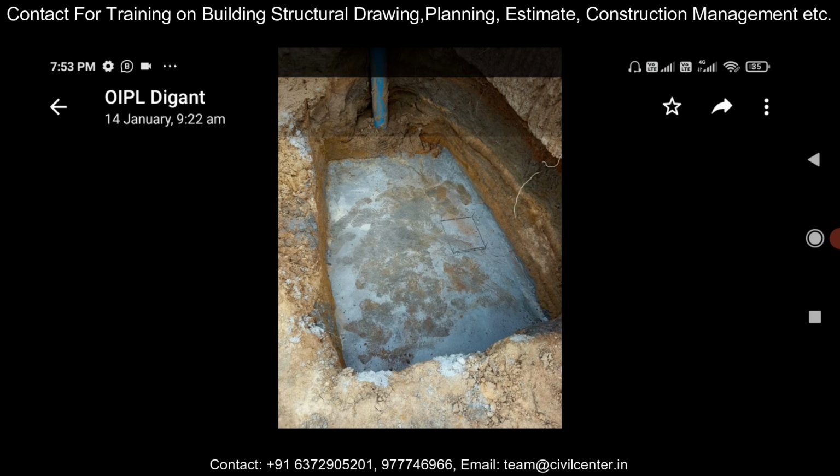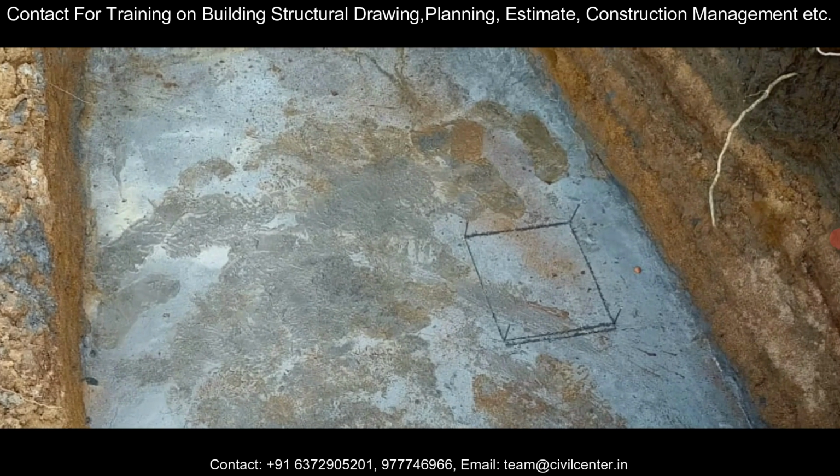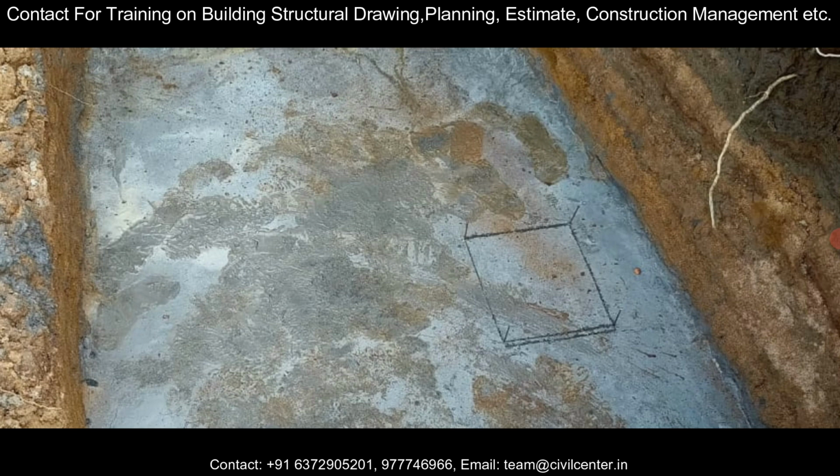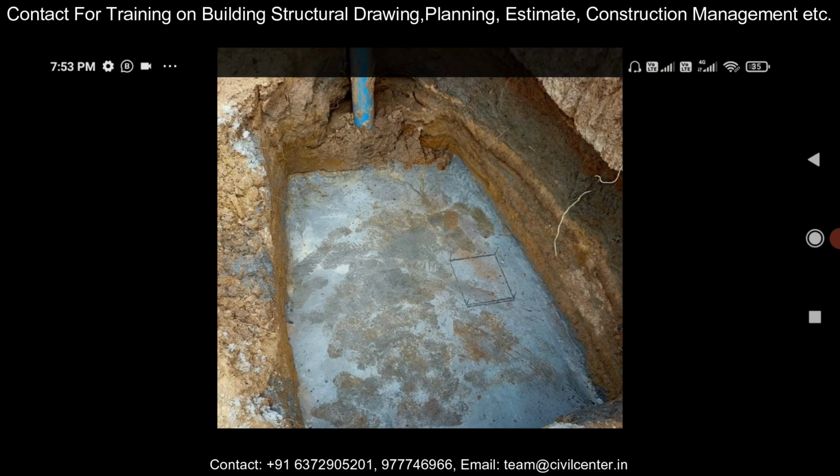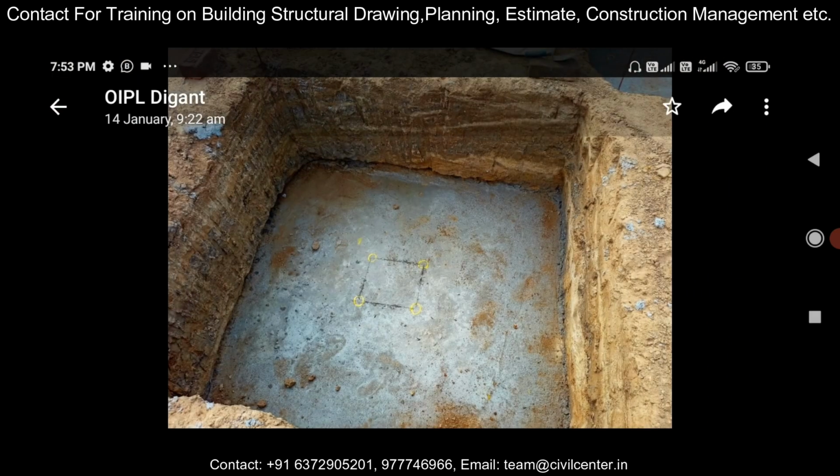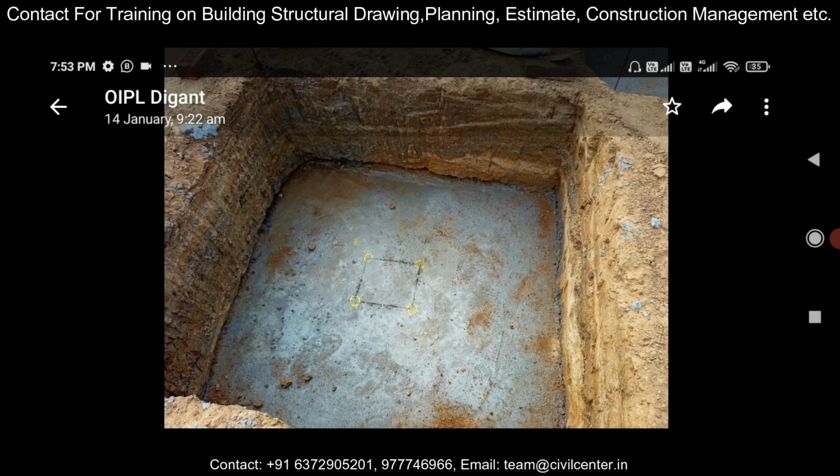So when the position of the column is marked, you can make a starter here like this, so that when you place the reinforcement for the footings, the position of the columns is visible. As you can see, this shows it very clearly.